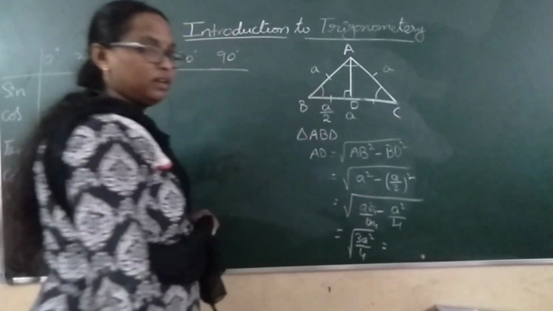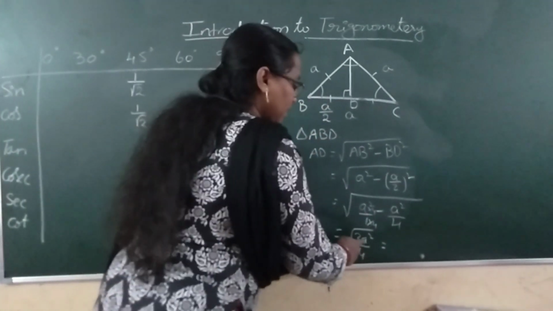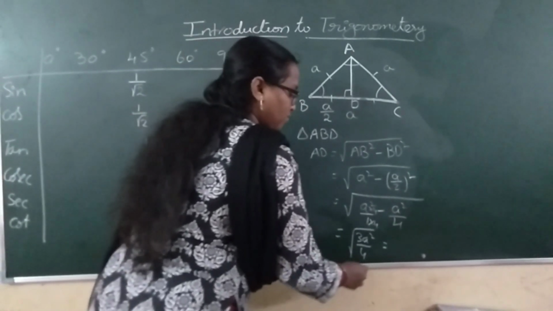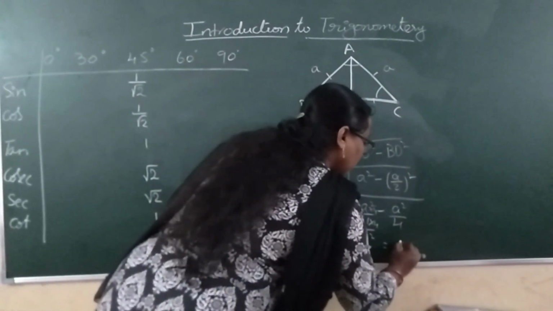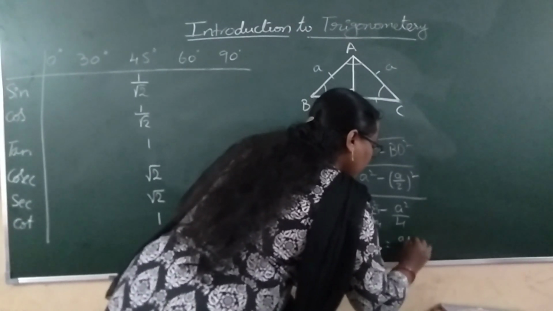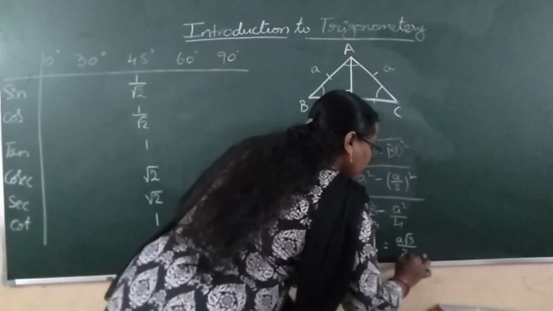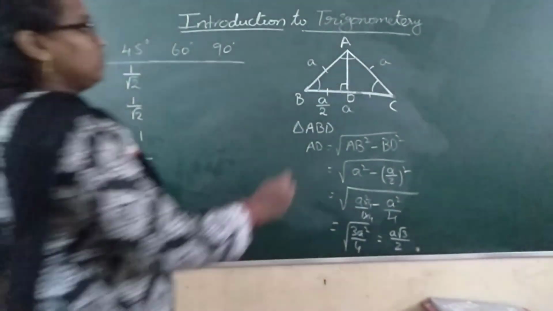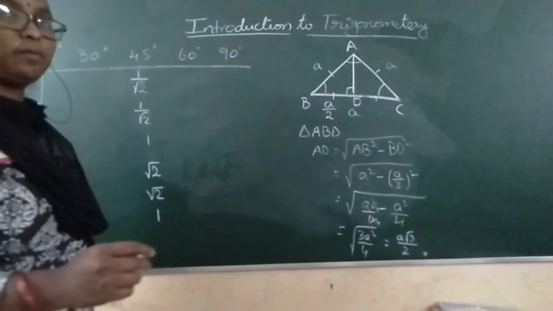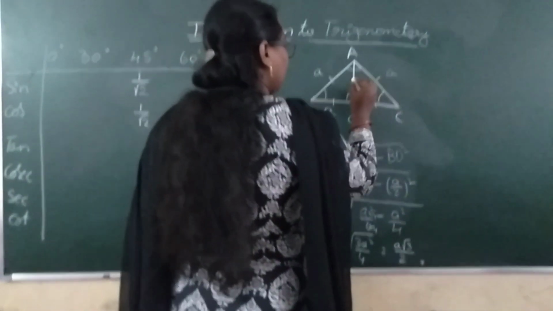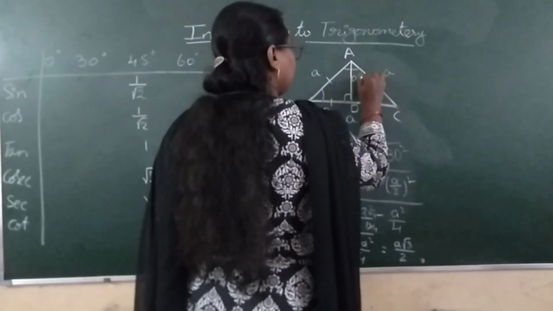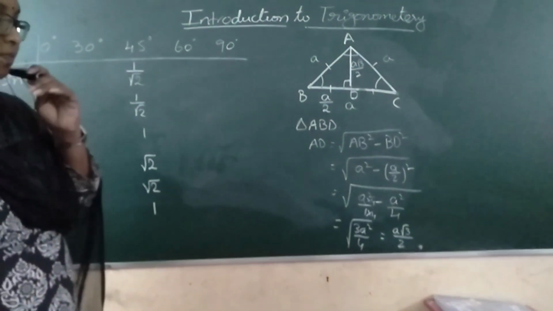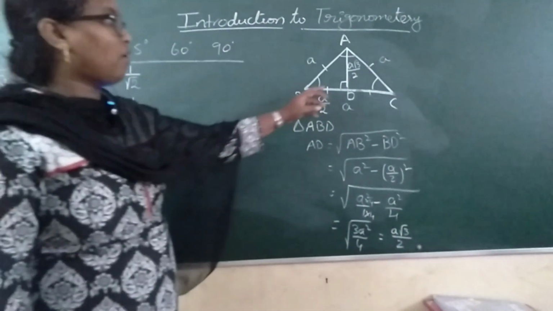Clear? Now A square can come out of the square root, and 4 also can come out, as the square root of 4 is 2. So AD is A root 3 by 2. Clear? So now I found the opposite side.